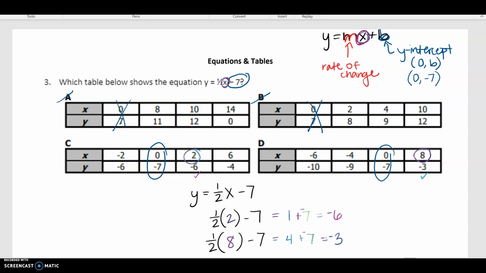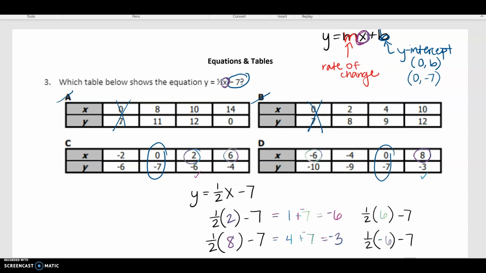Let's see. Let's try 6. So 1/2 and something minus 7. Okay, so let's do 6 and -6, I guess. 6 and -6.